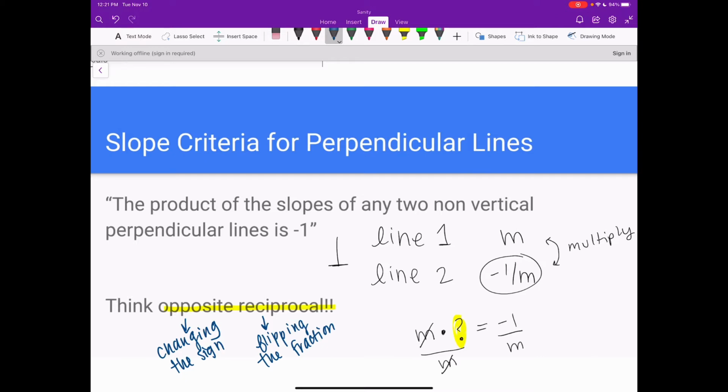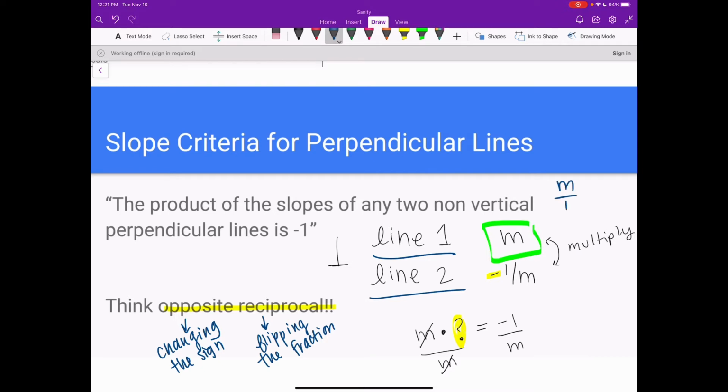So when you look at line 1 and line 2, their slopes are opposite of each other. One of them is positive, one of them is negative. And they're reciprocals because while here I have m, another way to write m would be m over 1.